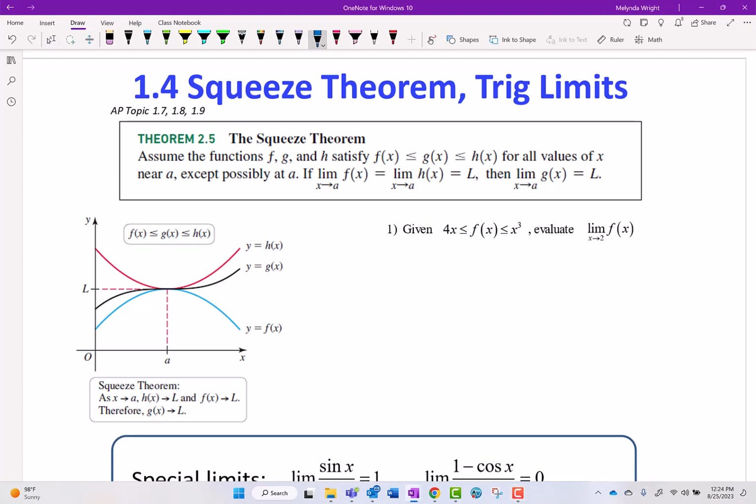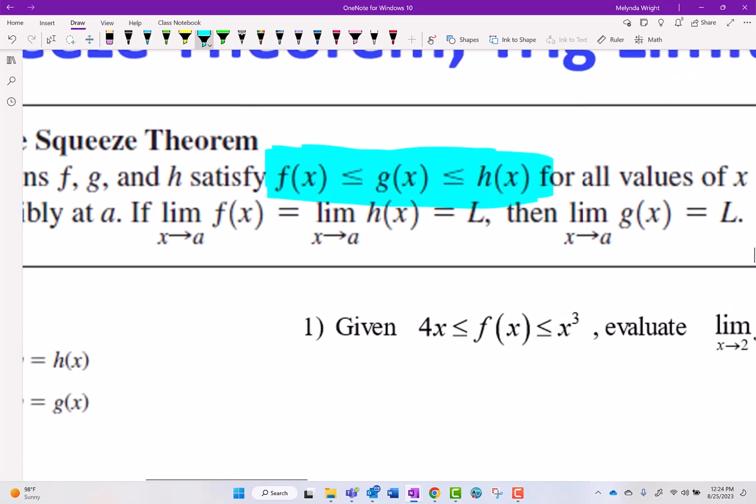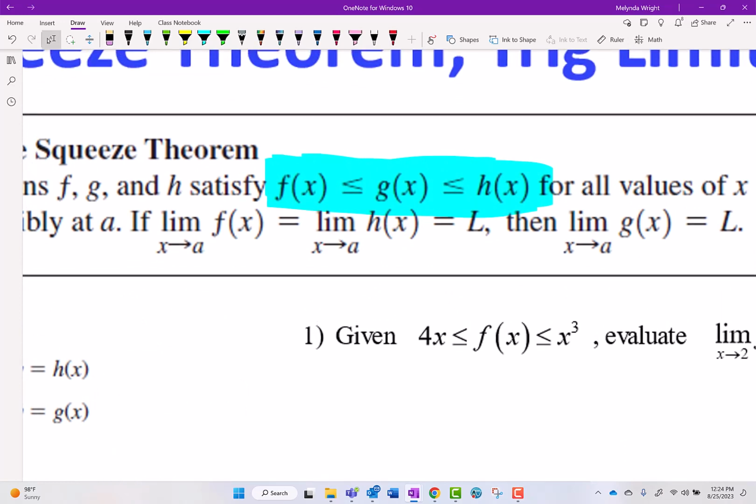First of all, we have to have an inequality that's set. Here, they're saying that f is the smallest function, g is in the middle, and h is the biggest one. We are typically given that inequality.